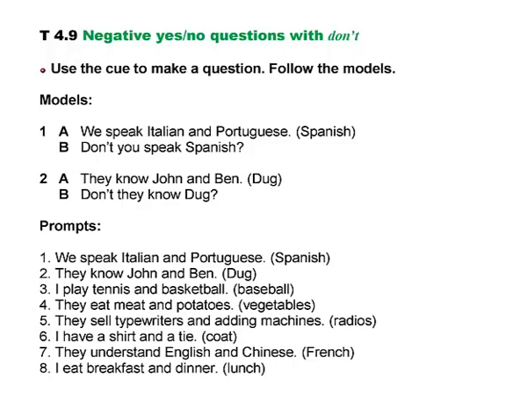They sell typewriters and adding machines. Radios. Don't they sell radios? 6. I have a shirt and a tie. Coat. Don't you have a coat? 7. They understand English and Chinese. French. Don't they understand French? 8. I eat breakfast and dinner. Lunch. Don't you eat lunch?